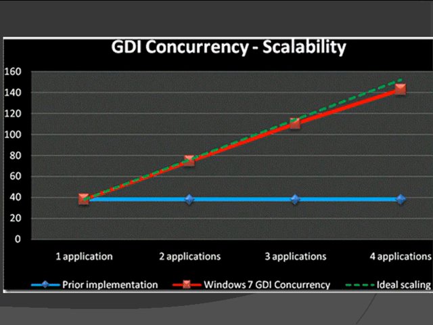So as I was talking about the test, without the Windows 7 GDI concurrency, the rendering throughput of these applications is effectively limited to the performance of a single CPU core.